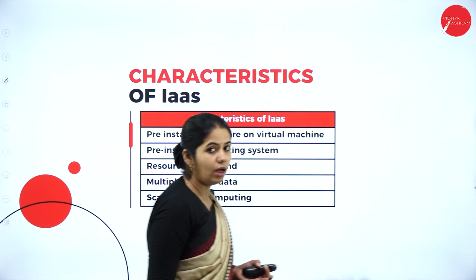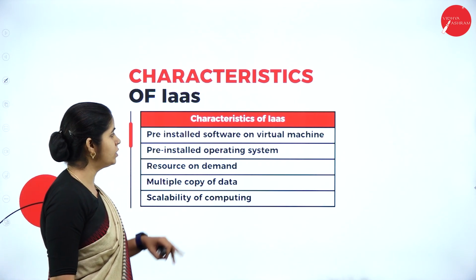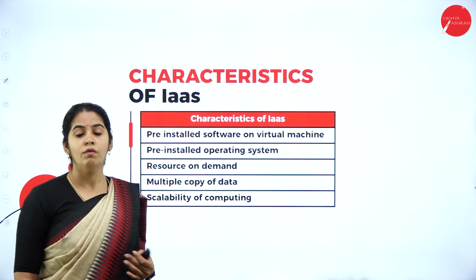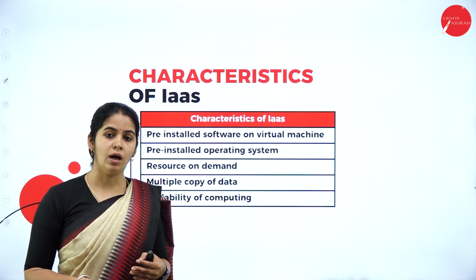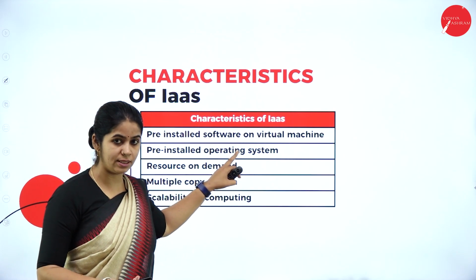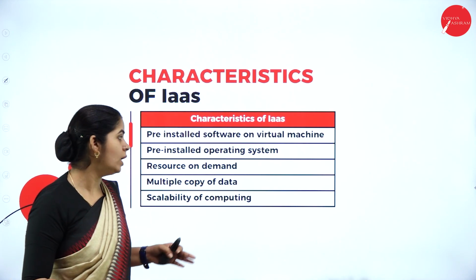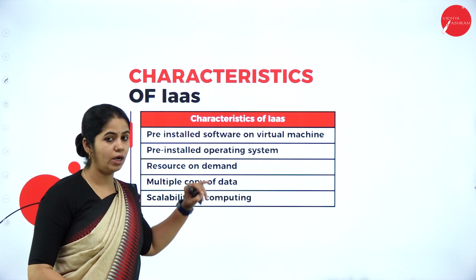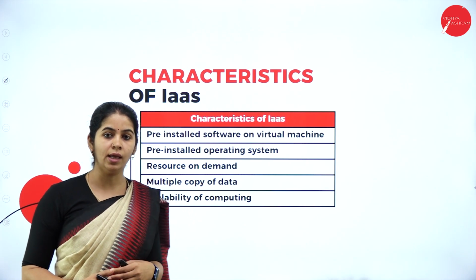Characteristics of infrastructure as a service. What are the characteristics? Pre-installed software on the virtual machine. Everything is set up. We are getting installed software and an installed operating system. It is all ready. You need not install anything on your system. And resource on demand. Whenever you are working, only at that time are you accessing the resources.